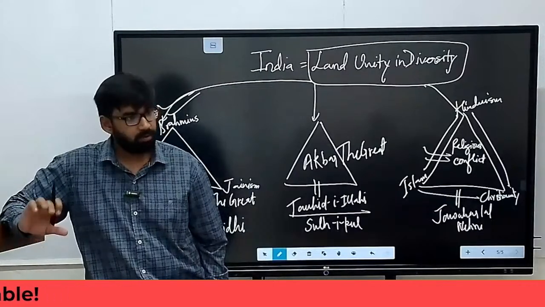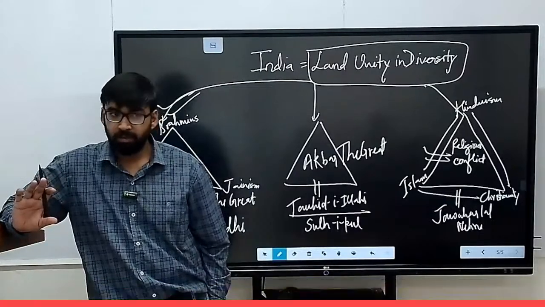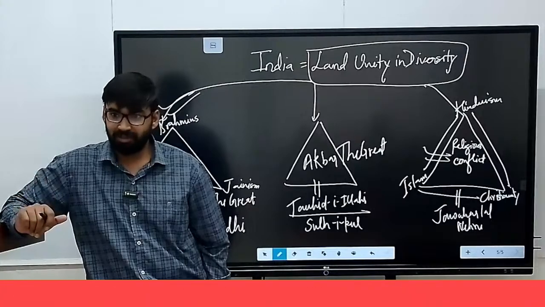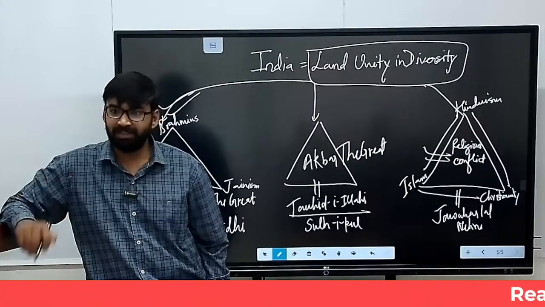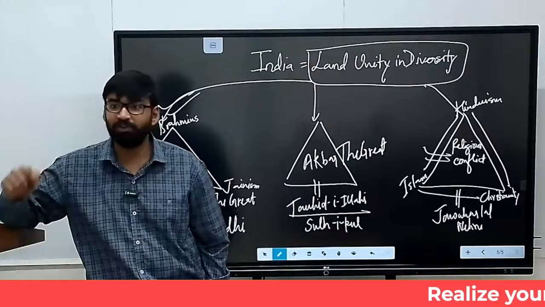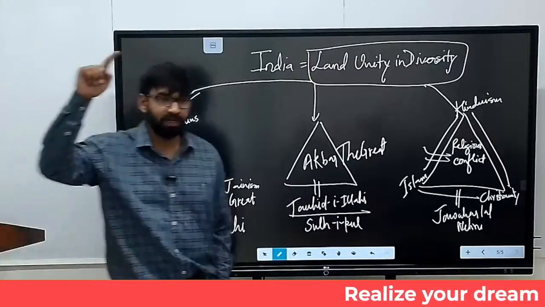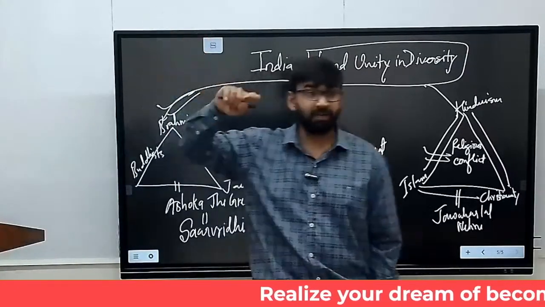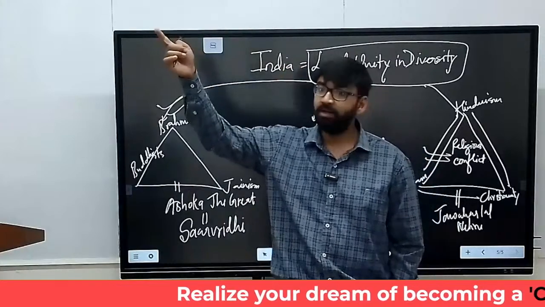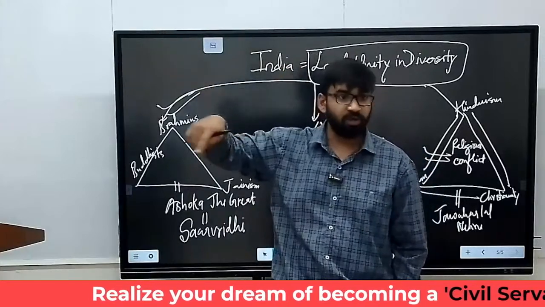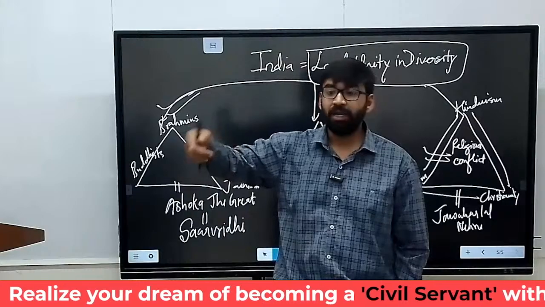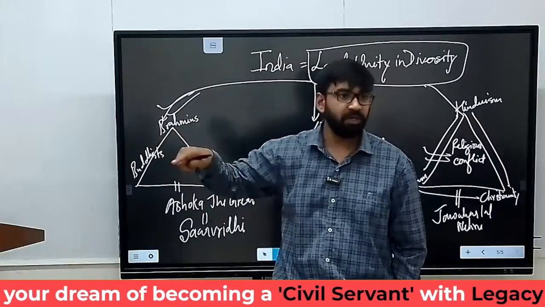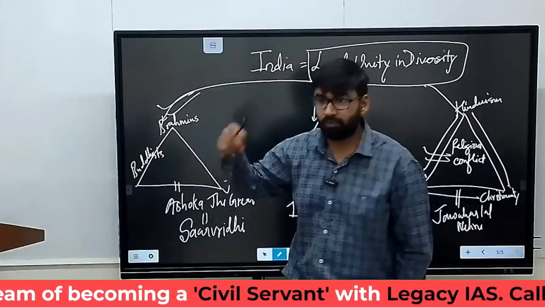Getting my point? Their religion is the same, but their food style is different and their clothing style is different. Why? Because of geography. Kashmir is a cold area, so their food style and clothing style will be different. Karnataka's geography is different, so their food style and clothing style will be different.